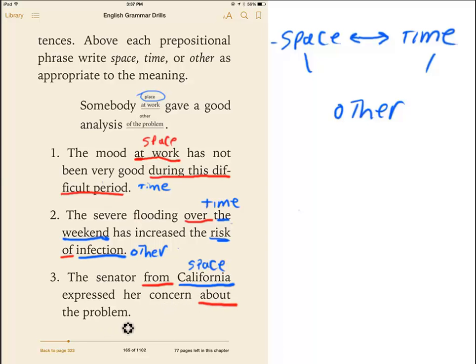About the problem. The problem is the object of about. And this, of course, would be other. It has nothing to do with space or time. So from California modifies senator. About the problem modifies concern. Hopefully that helps you out a little bit.